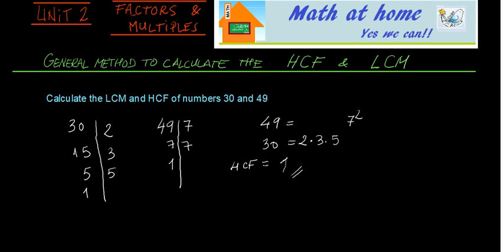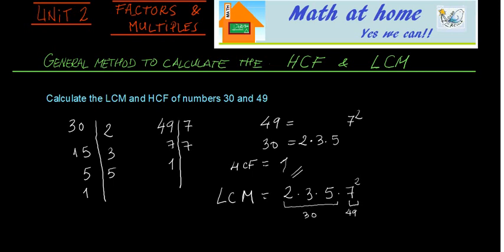And now, lowest common multiple. You have to take all factors, 2, 3, 5, and 7, to the highest exponent. The highest exponent is 1, 1, and 1, and 2 only for the 7. Now you have to calculate. 2 times 3 times 5 is 30, and 7 squared is 49.